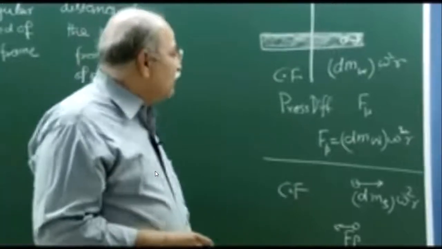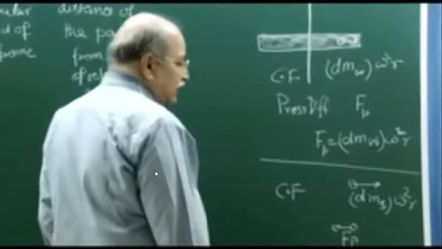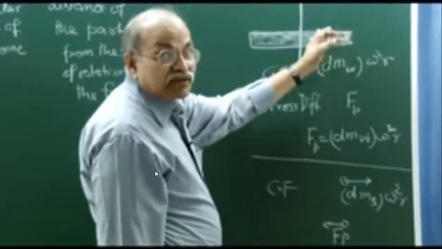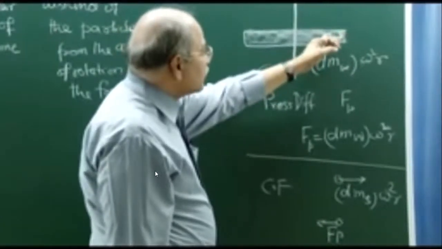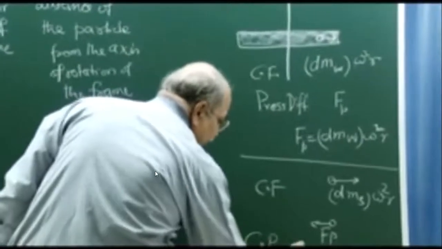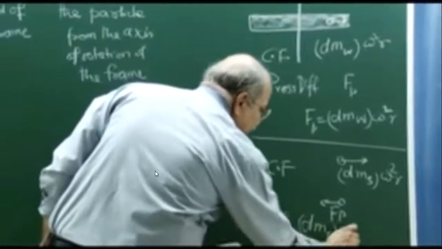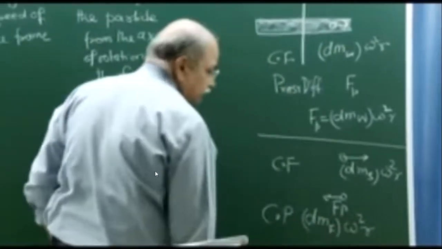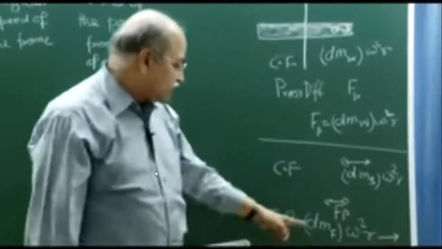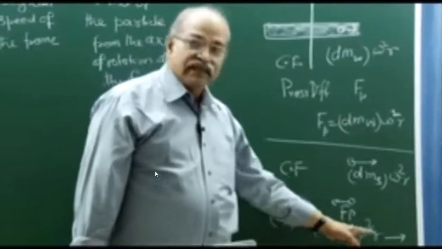Whereas if you have a foam particle, what happens? Once again, the pressure difference force remains the same, that is because of water, and the centrifugal force in that case is this, of foam, mass times omega square times r, and that is towards the right. So the centrifugal force is the mass of that foam particle times omega square r.